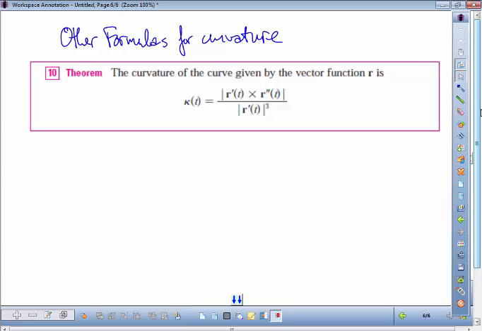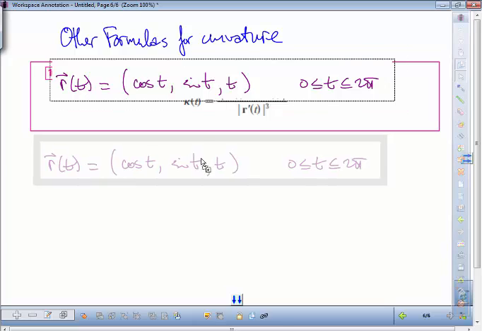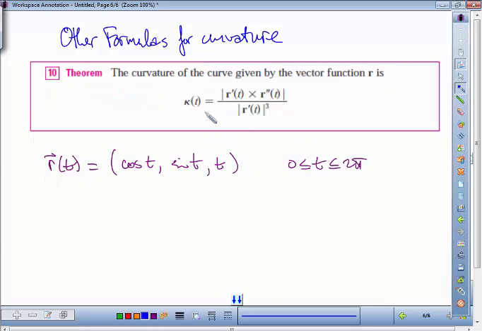Hey, let's try this one since I'm doubting my other answer. Let's try this formula for that same problem. So we need the derivative and the second derivative, and then we want to cross them and take the magnitude. So let's find the derivative, which we already got. It's negative sine t, cosine t, and the derivative of t is 1.